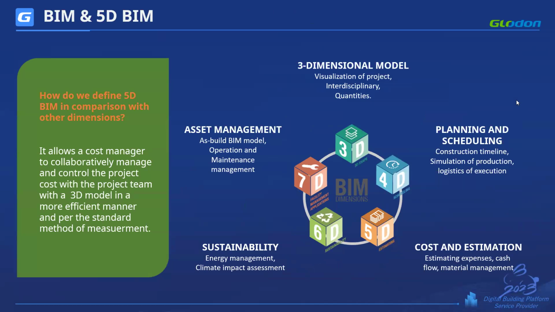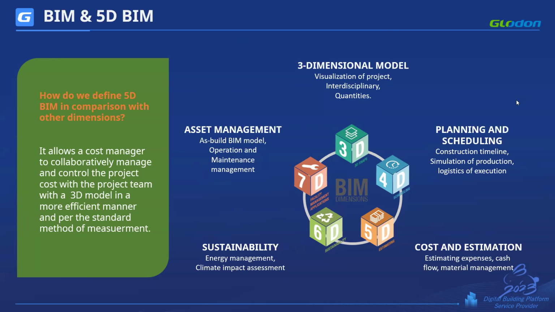Let me give a small insight about building information modeling. There are several dimensions of building information modeling: 3D, 4D, 5D, 6D, 7D, and so on. 3D BIM means 3D model plus information. 4D BIM means 3D model plus time.